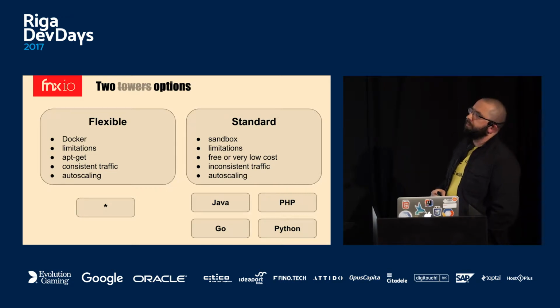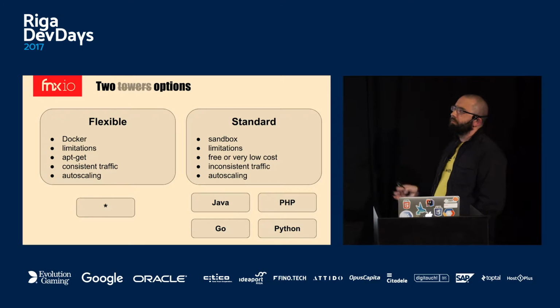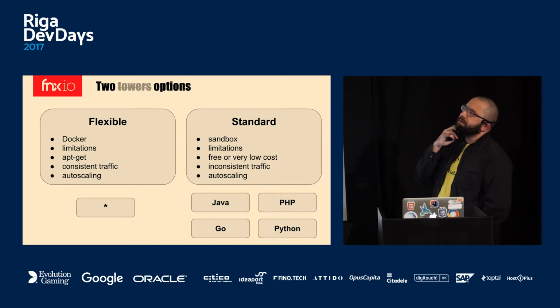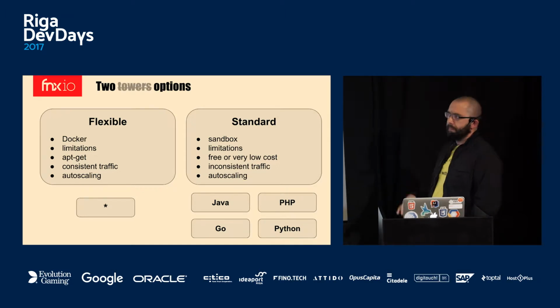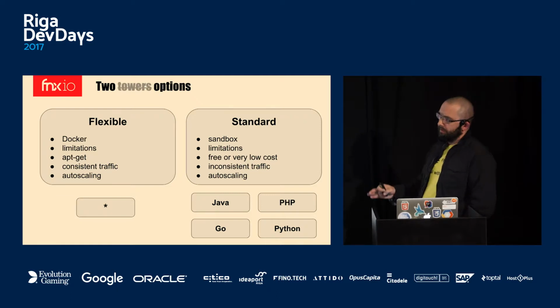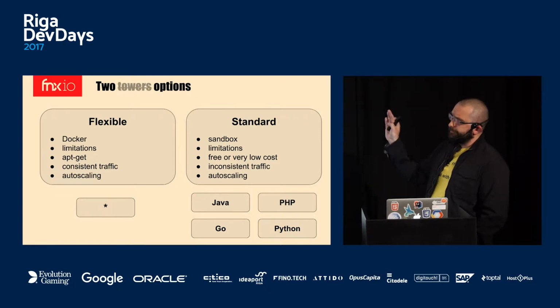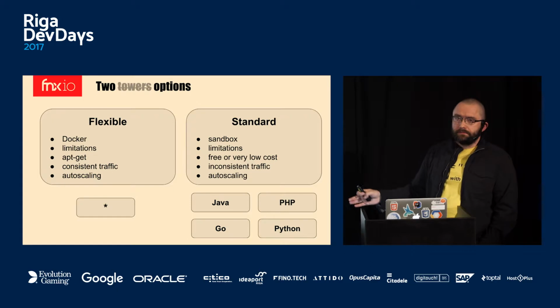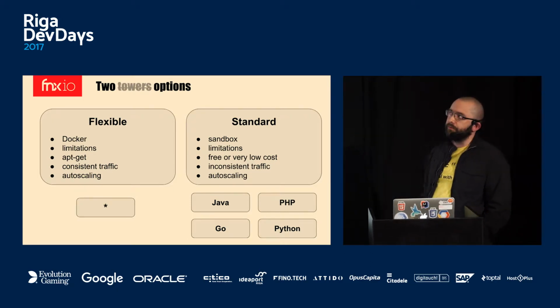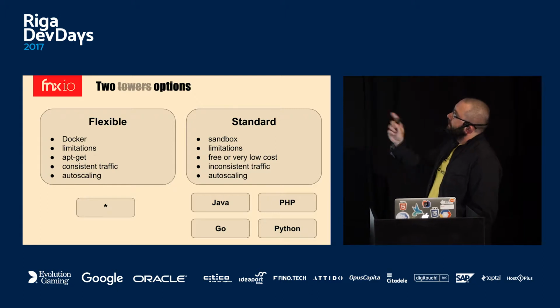You can apt-get almost anything you want into your Docker image. It's useful when you have an application with consistent traffic, but it auto-scales as you expect. And you don't care about virtual machines and stuff like that. It will simply run. And you can use anything. If you are able to write a Dockerfile, you can deploy it to AppEngine.